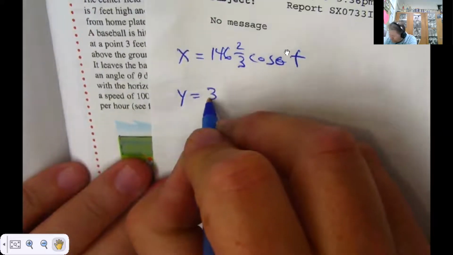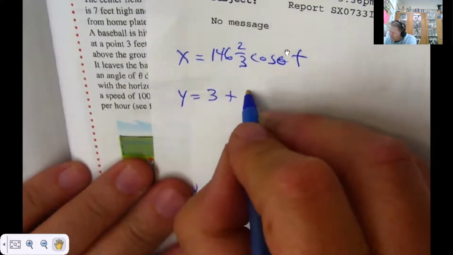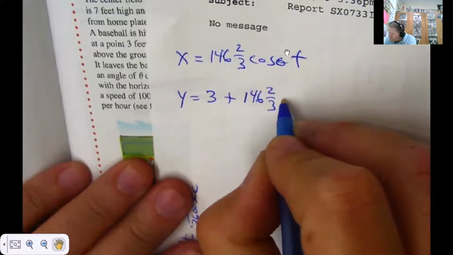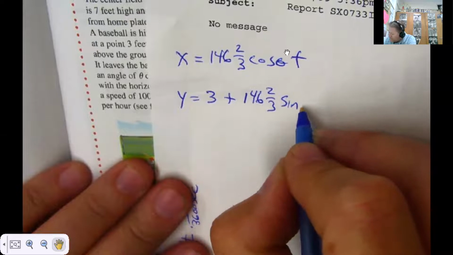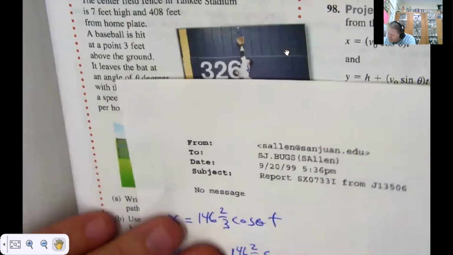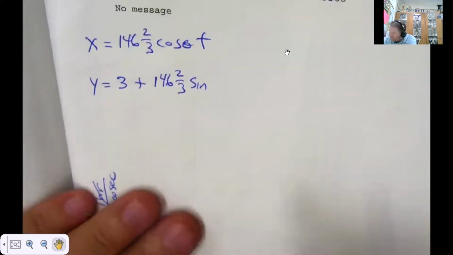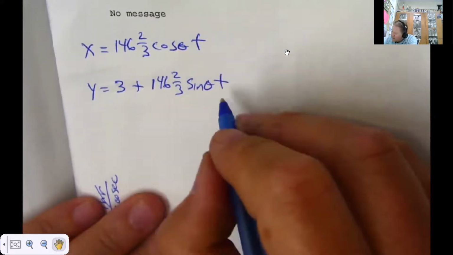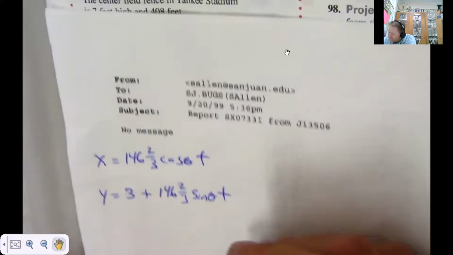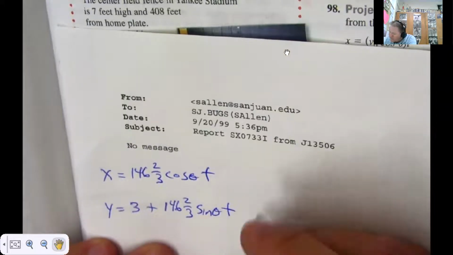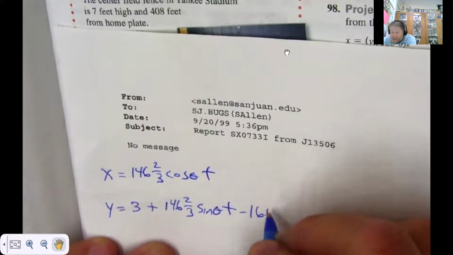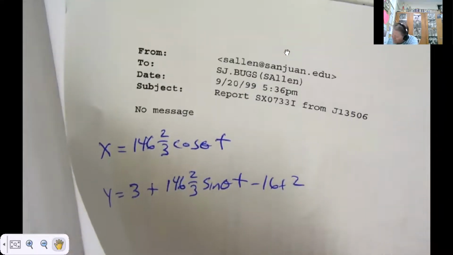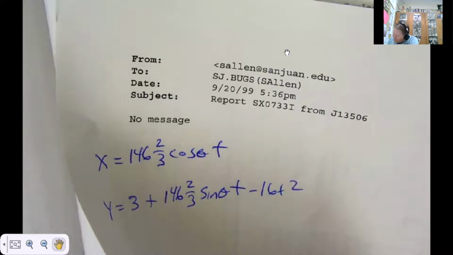So 3 plus the initial velocity, 146 2/3, times the sine of theta, times t. Theta is still a variable. And minus 16t squared. And I think that's what we had to do first, write a set of parametric equations.